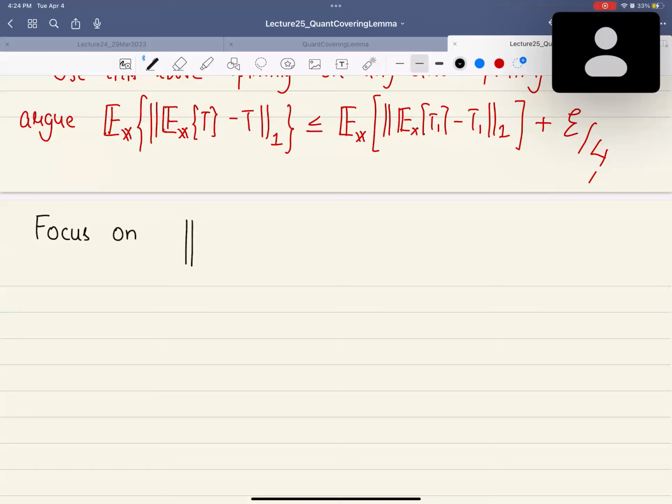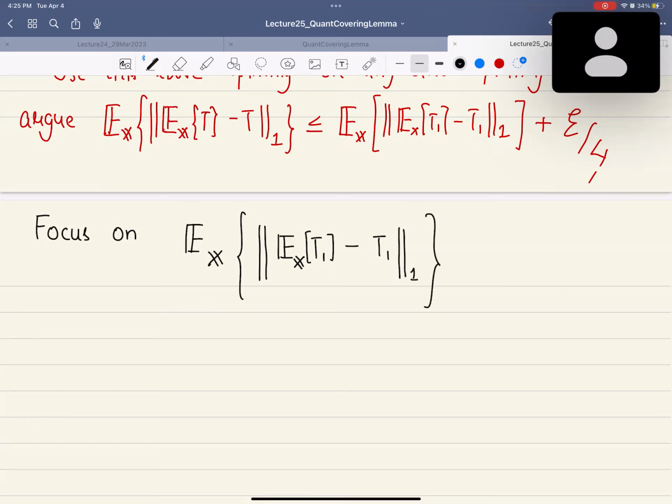I'm looking at the expectation over the code book of the quantity, expectation over the code book of T1 minus T1, the L1 norm.